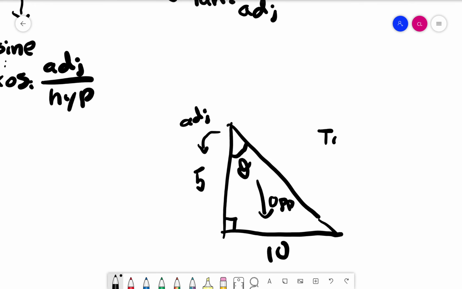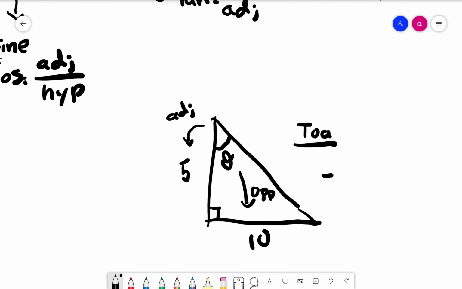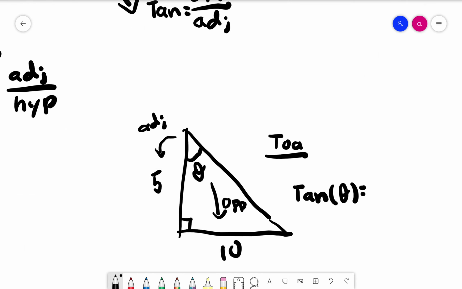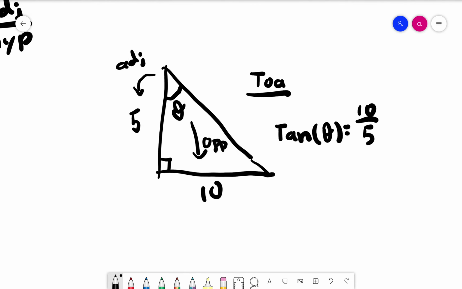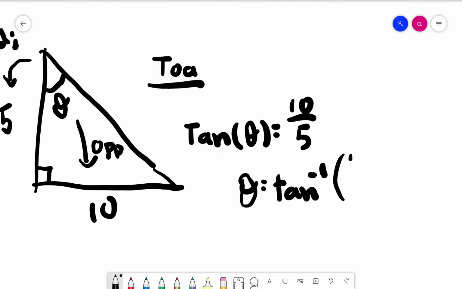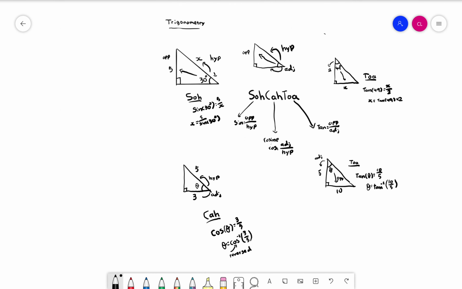So we use this once again. Thus you get tan theta equals 10 over 5. Then you need to reverse the tan, which gives you theta equals tan minus 1 of brackets 10 over 5. So yeah, that's it.